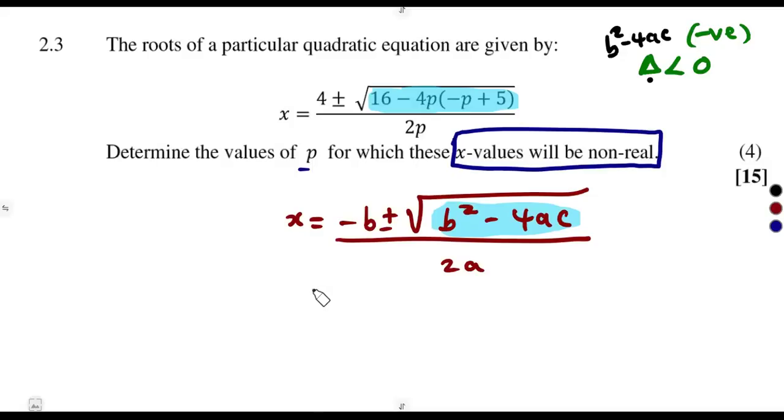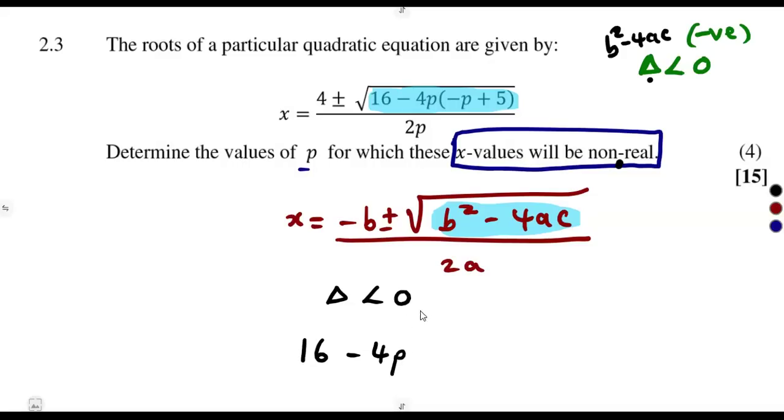So try to understand. For us to have non-real roots, your delta is supposed to be less than 0. It's supposed to be a negative value. And our delta is already here. You can see it under the square root. This is our b squared minus 4ac. So we're simply going to take that as it is, 16 minus 4p, as it is, guys.